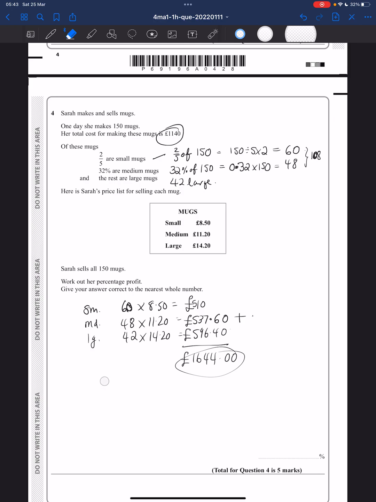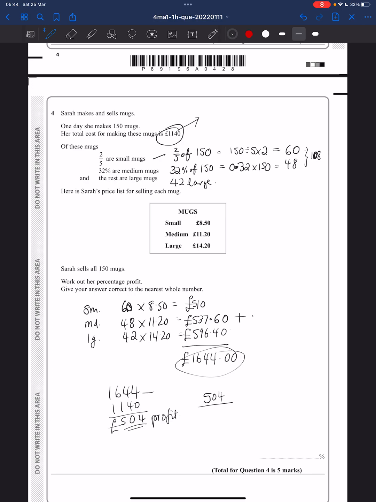So we do 1,644 minus 1,140. So she's made £504 profit. And to turn that into a percentage, you work it out as a percentage of the initial layout.